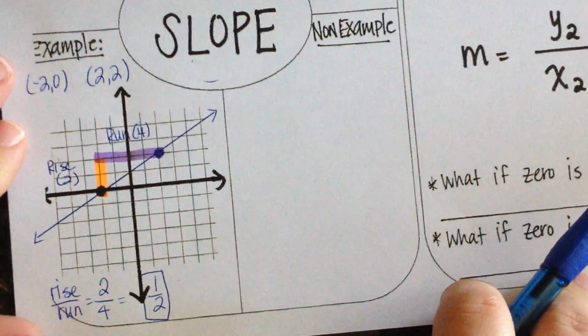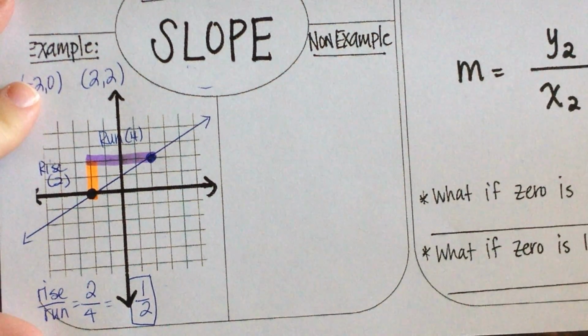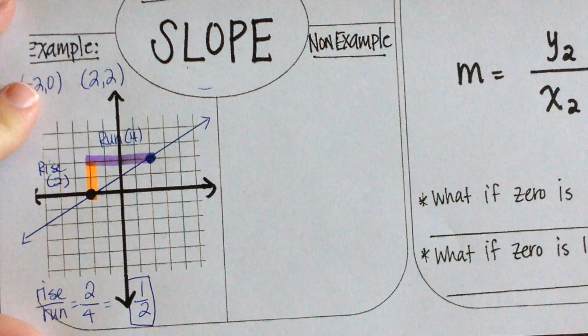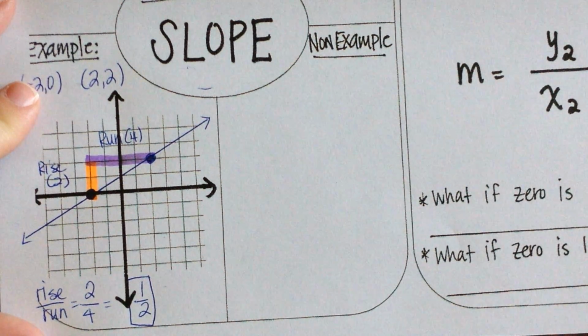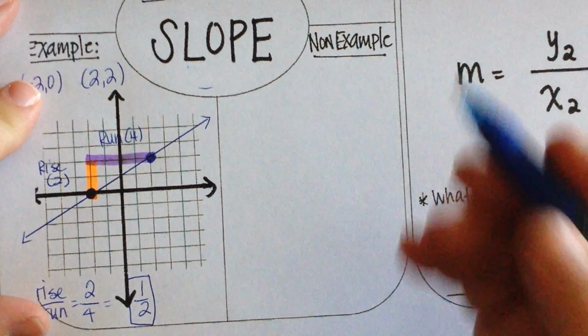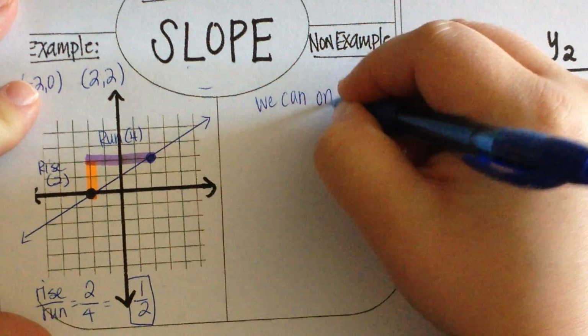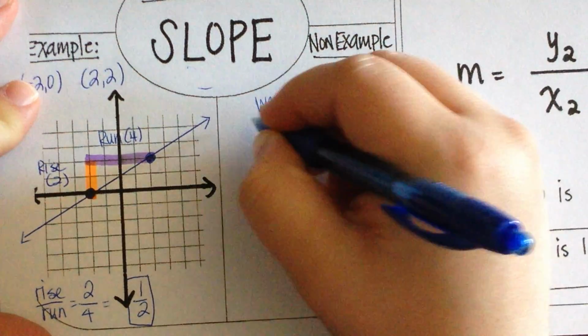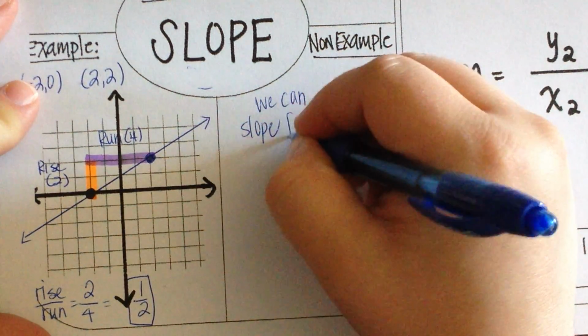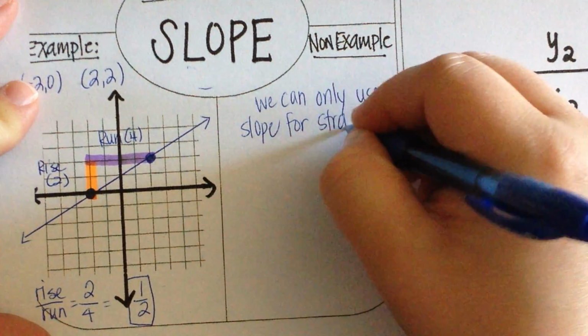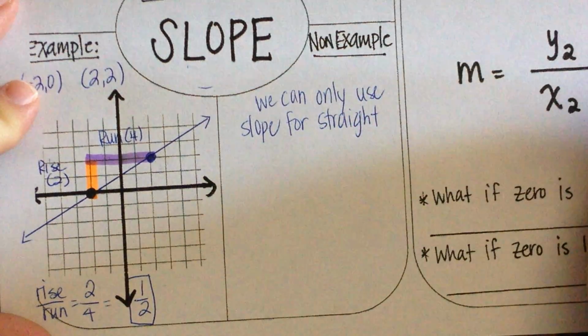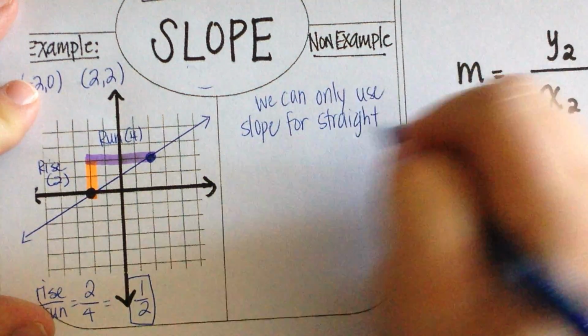Then just to give you a non-example of what slope isn't, we can really only use slope for straight lines, or what we call linear lines.